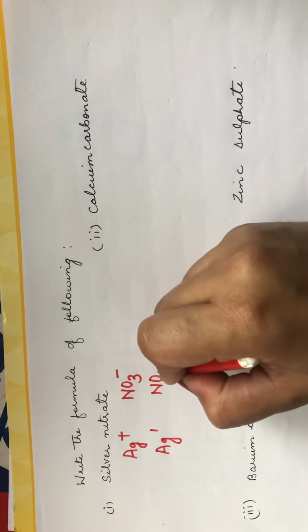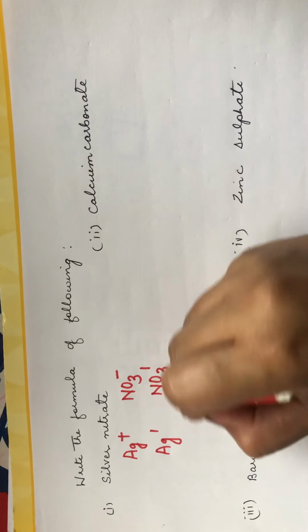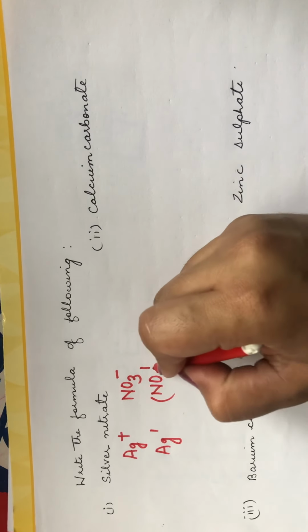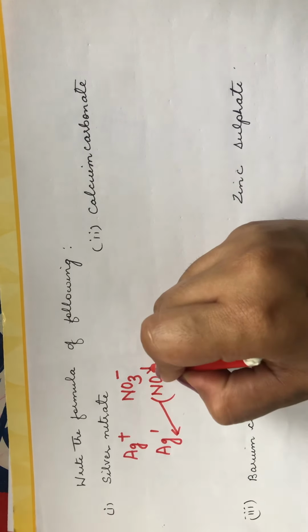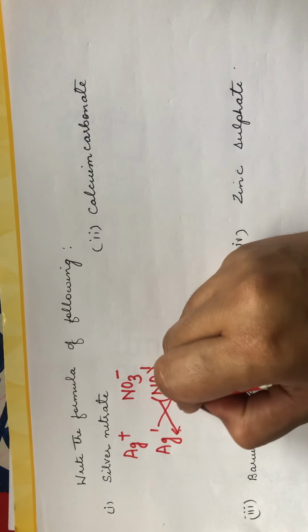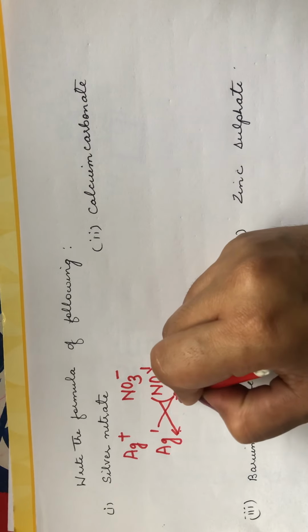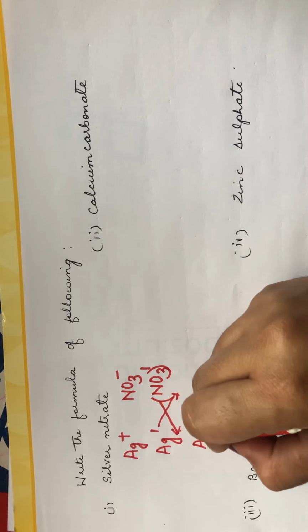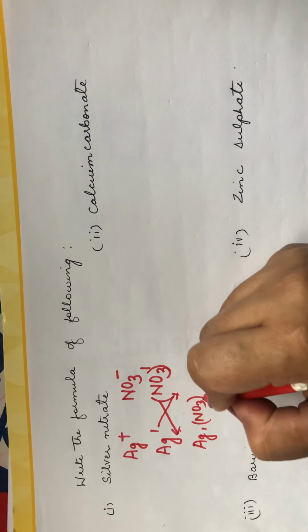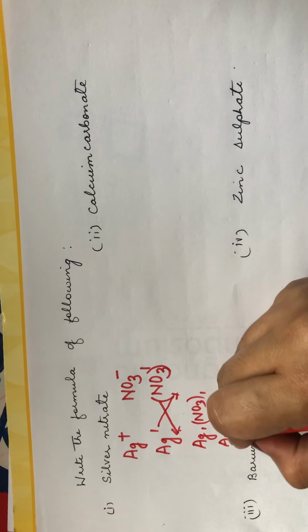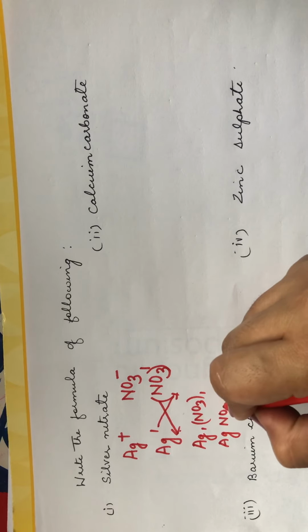Now if there is any common factor, we will take it out, but here there is no common factor, so we will crisscross their valencies like this. Its valency will come here and its valency will come here. So the formula of the compound will be Ag1 (NO3)1, and we can write it like this.